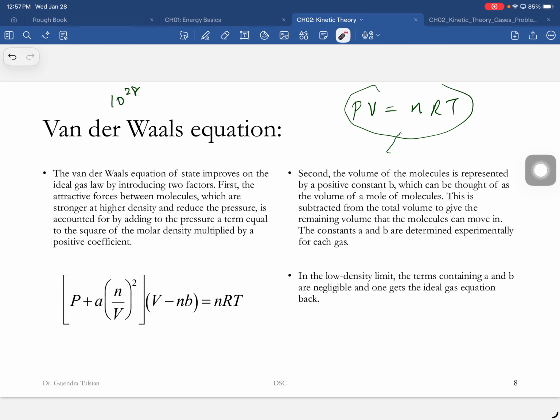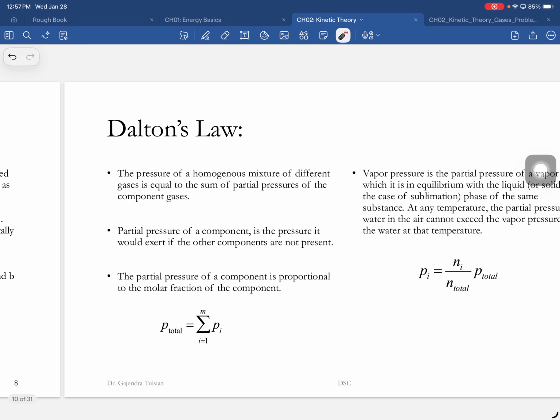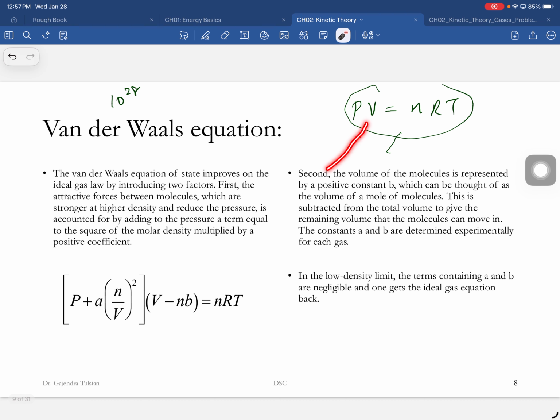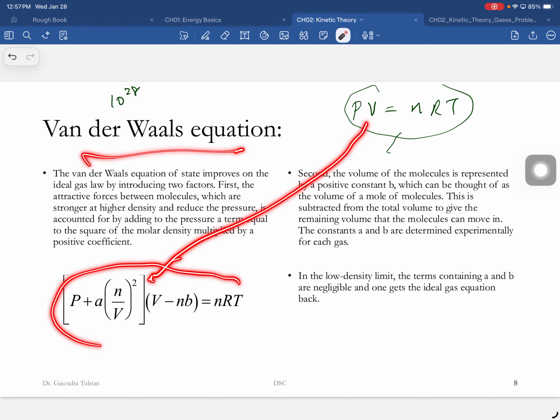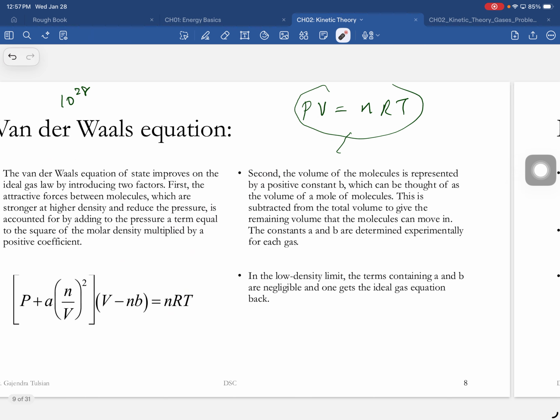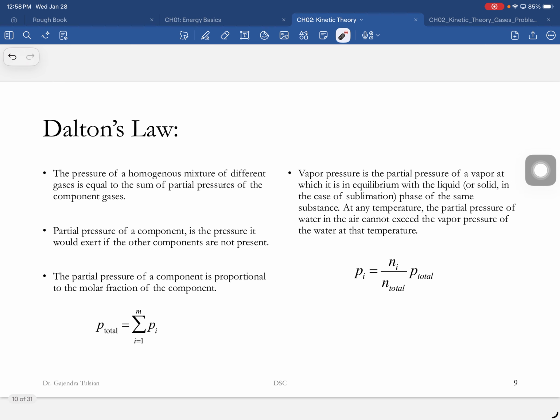Now, we said that 78% of it is nitrogen and 21% is oxygen. What Mr. Dalton realized is if you have a mixture of gases, if one gas is 80%, then 80% of the pressure is coming from that gas. If a gas is 20%, 20% of that pressure is coming from that gas.